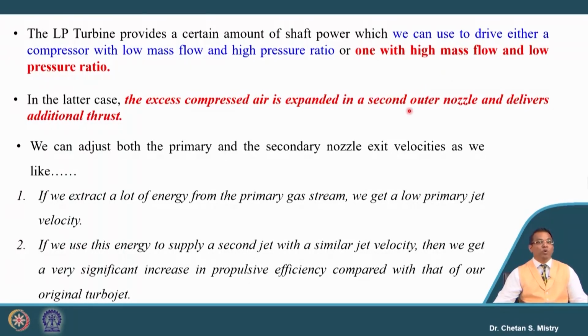So, by doing so we will be getting a lot of energy from the primary stream, as we have discussed, because we are having low velocity there. Same way the secondary jet velocity is getting reduced, and that will lead to improved propulsive efficiency as compared to our turbojet engine.